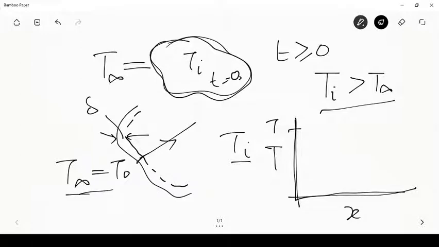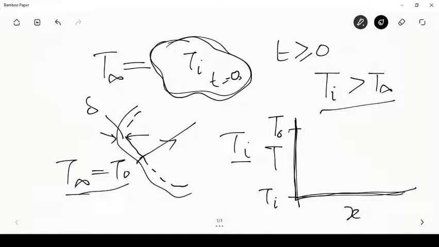We'll use these two interchangeably in this particular case. Suppose this temperature is T0, which is the surface temperature. So the initial profile will be exactly this. Let's say this temperature is Ti.